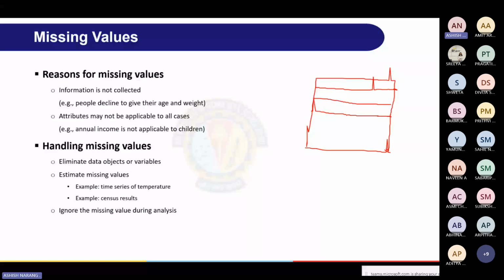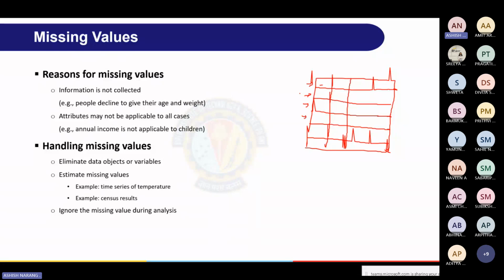First record, second record, third record, fourth record, and so on.